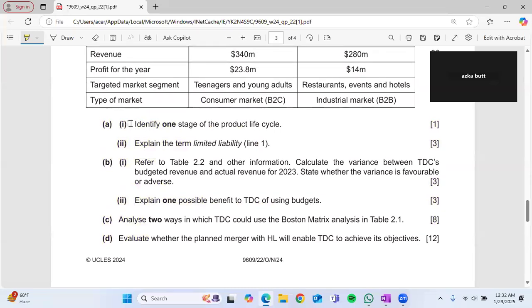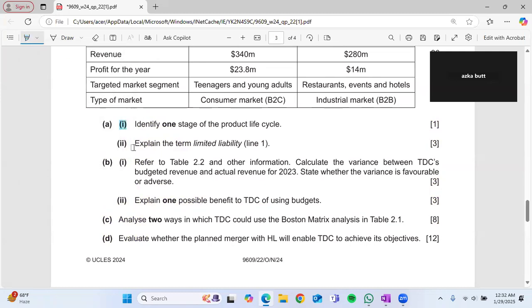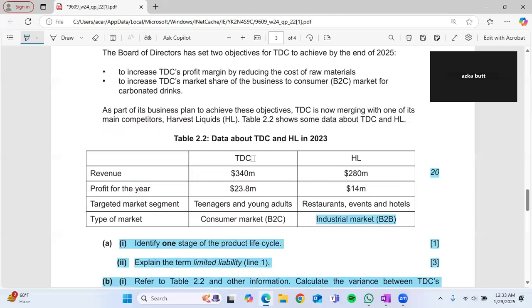So in the very first question, what we need to do, we need to identify one stage of product cycle. We have to explain the term limited liability. We will be finding out the variance, calculate the variance between TDC's budgeted revenue and actual revenue for 2023.